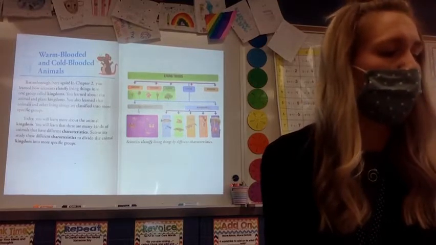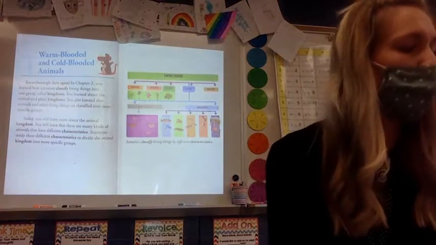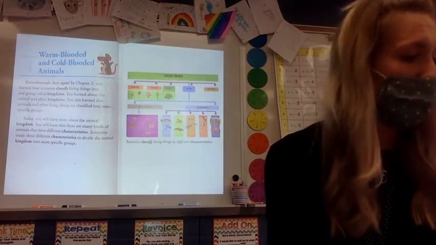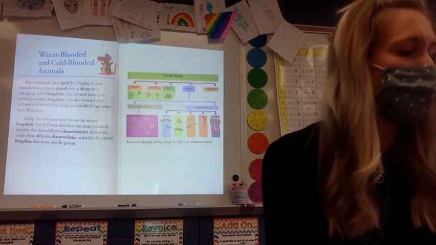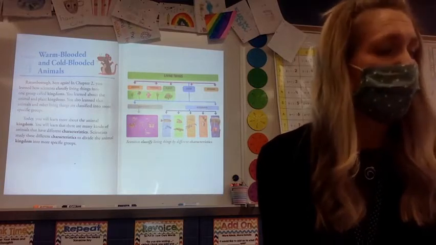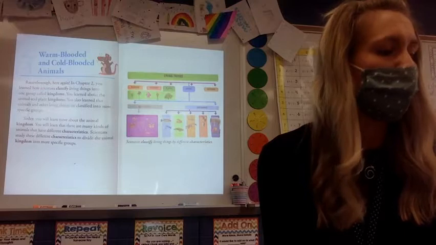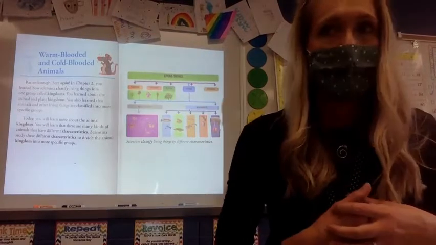Today, you will learn more about the animal kingdom. You will learn that there are many kinds of animals that have different characteristics. Scientists study these different characteristics to divide the animal kingdom into more specific groups.